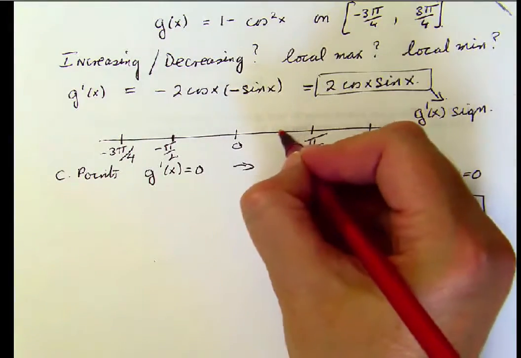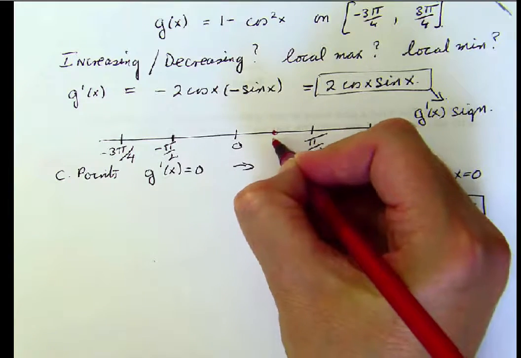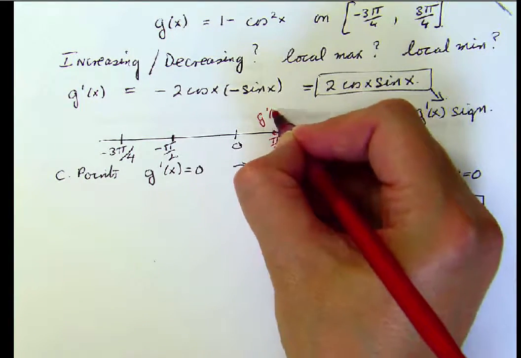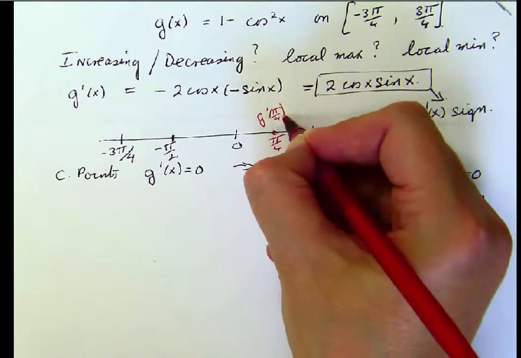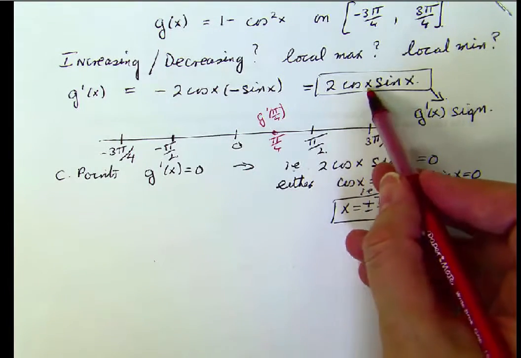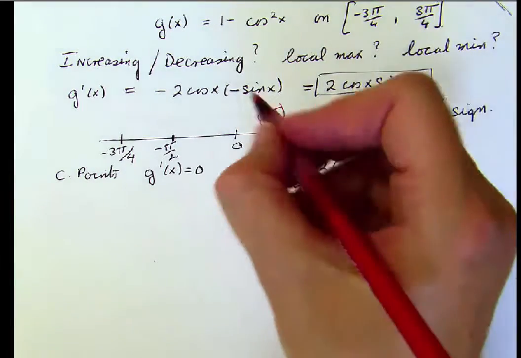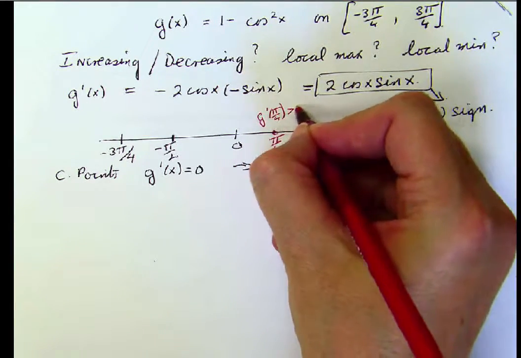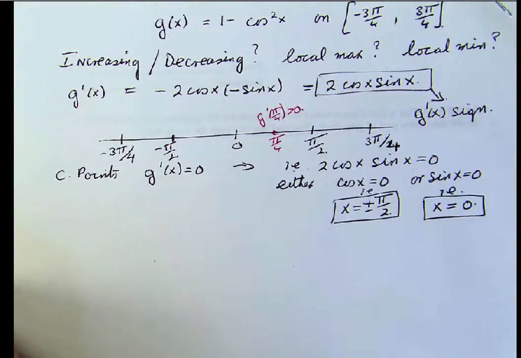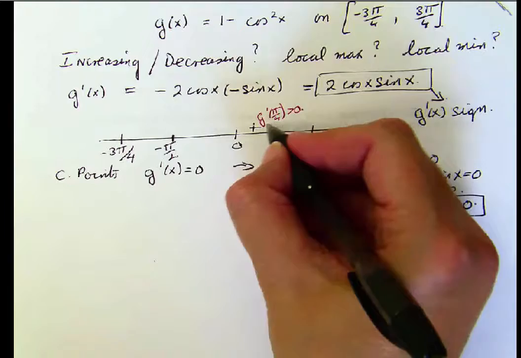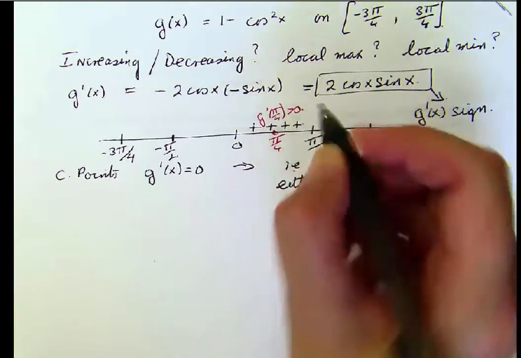So if we pick the point pi over 4 here, we find that g prime of pi over 4 is 2 times cosine pi over 4 times sine pi over 4, so it's 2 over 2, which is 1, which is greater than 0. So we have the sign of g prime is positive in this interval.